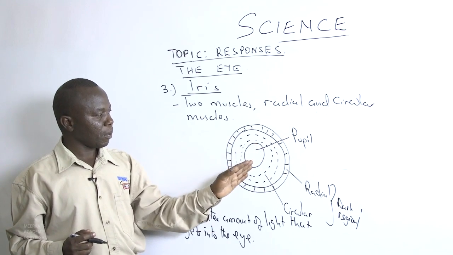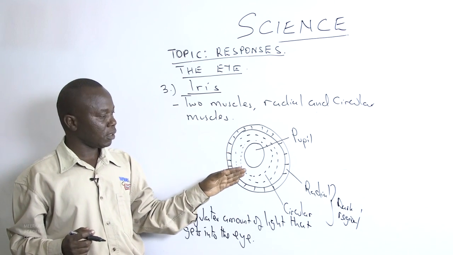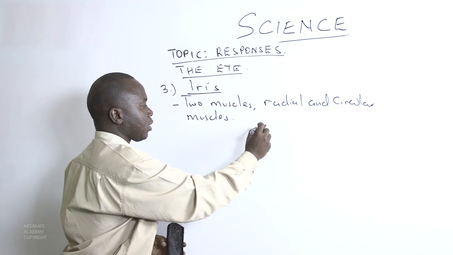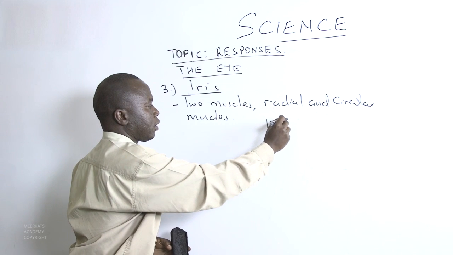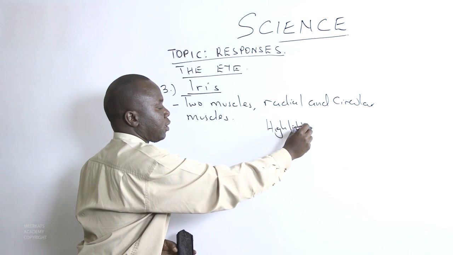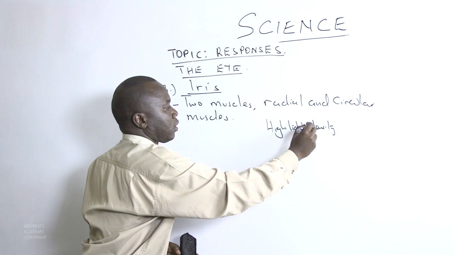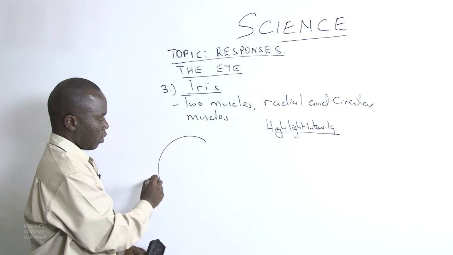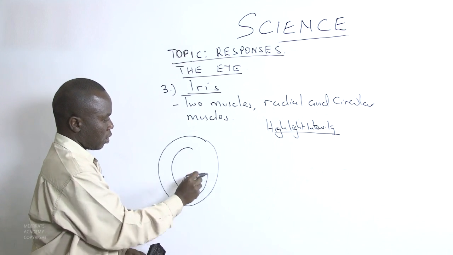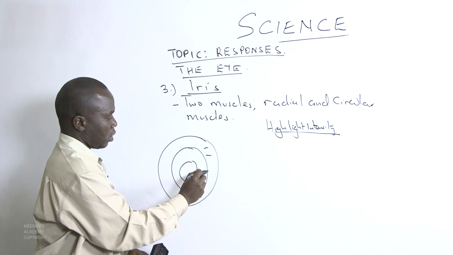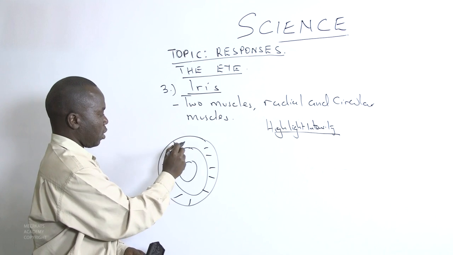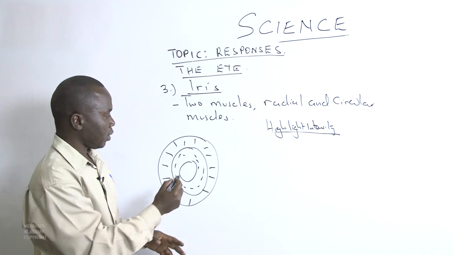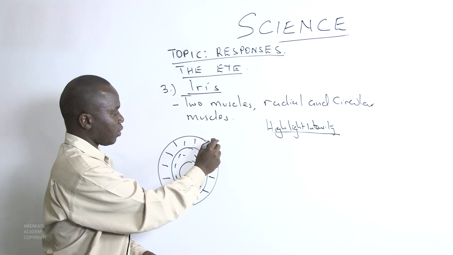We have the hole, the pupil, but now we have the muscles of the iris that will be involved. Let us look at this situation. If it is, for instance, high light intensity, when there is high light intensity reaching your eyes, the two muscles are going to be involved.